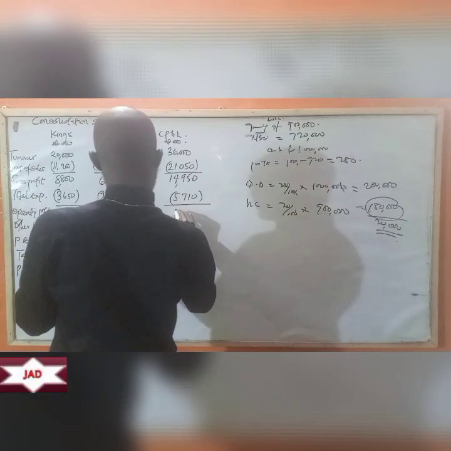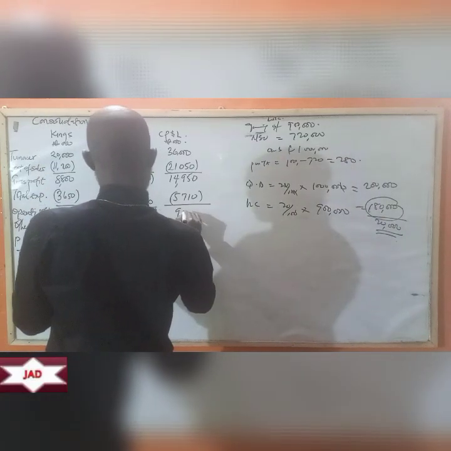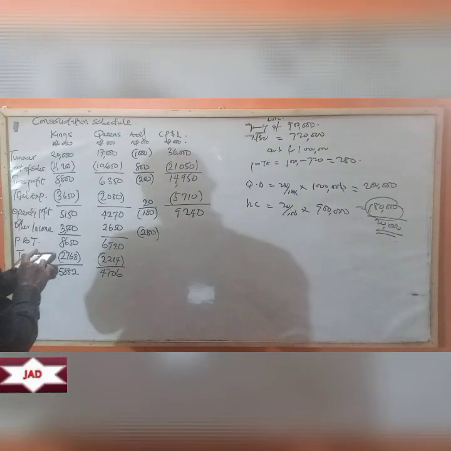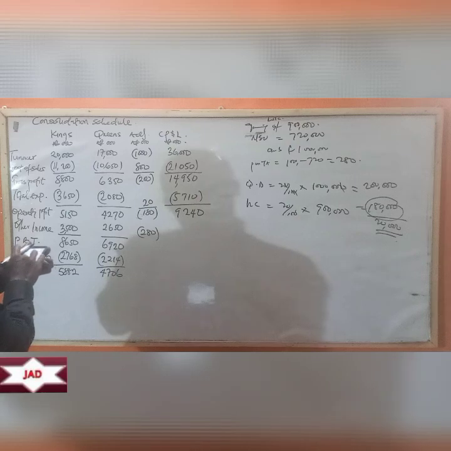We have 9240. So let's check it this way. 5150 plus 4270 minus 180, 9240.